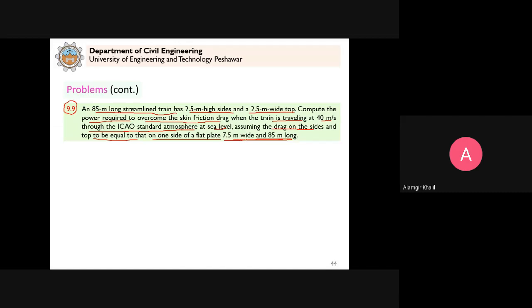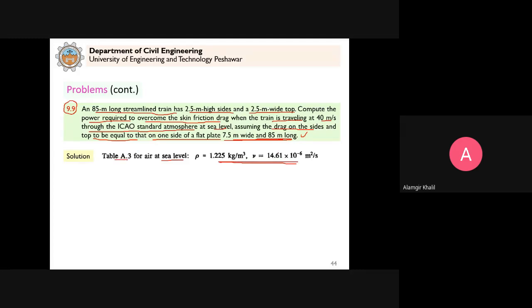You just calculate the drag force for a flat plate, and that will be the same as for the train. Clear?